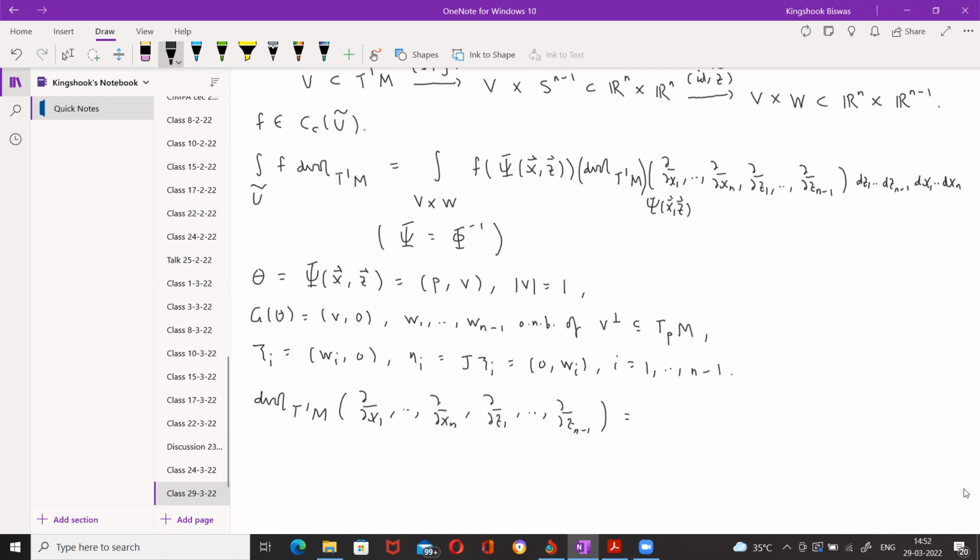This is equal to the determinant of a linear map T, where T goes from T theta T1m to itself.